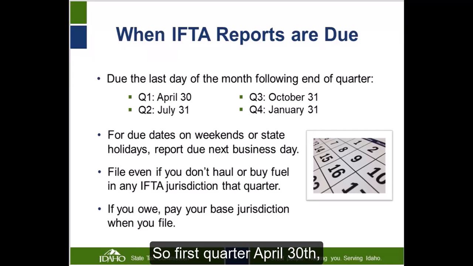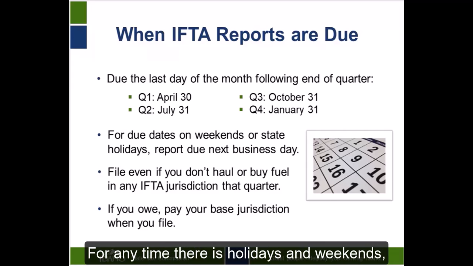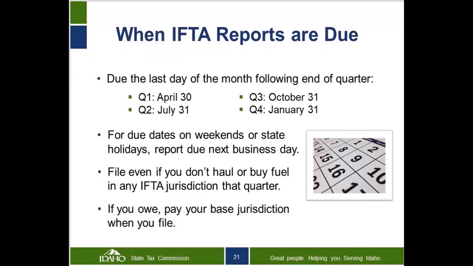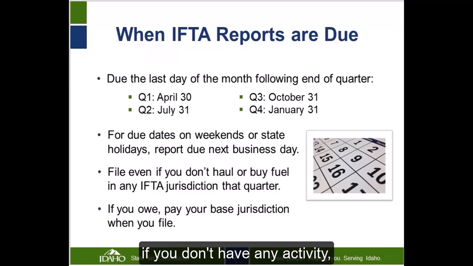So first quarter, April 30th, second quarter, July 31st, third quarter, October 31st, and the fourth quarter is due January 31st of the following year. If there are holidays or weekends, then it's due the next business day. And like I said earlier, if you don't have any activity, you're still required to file.